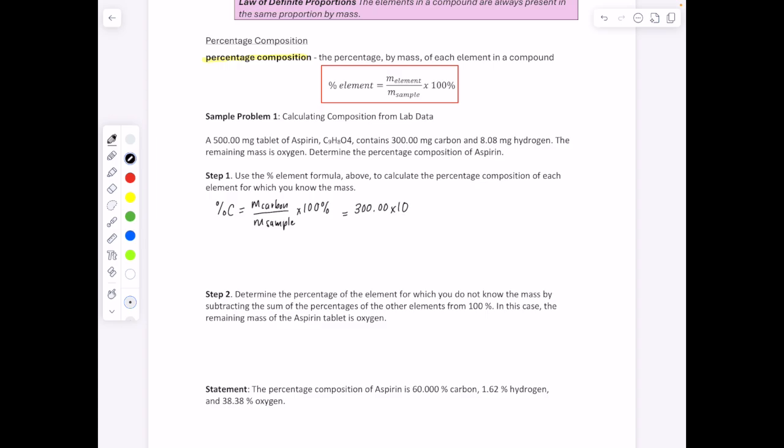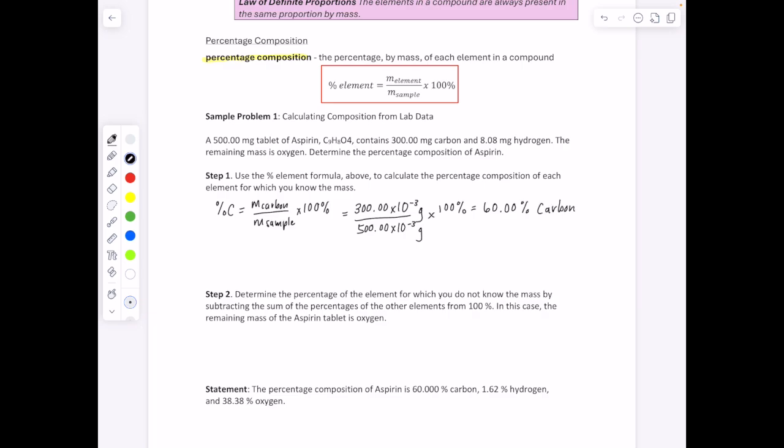That's 300 times 10 to the power of negative 3 grams of carbon divided by the total mass of the sample, 500 milligrams, which is 500 times 10 to the power of negative 3 grams, times 100%. If we punch this into our calculator, we get 60.00% carbon.